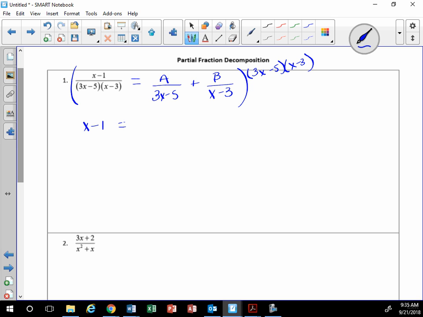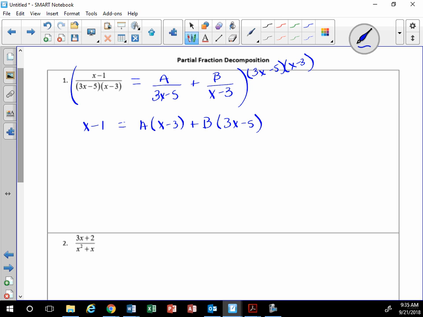Okay, then what is A going to be times? Just the x minus 3, right? Okay. And B is going to be multiplied by 3x minus 5. Okay.